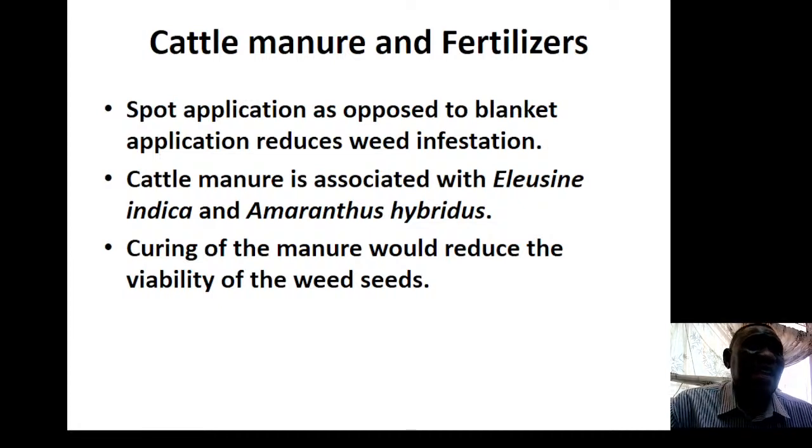Cattle manure and fertilizers, we can do spot application as opposed to blanket application. This may reduce weed infestation. Cattle manure is also associated with Leucas indica and Amaranthus hybridus. Therefore, there is need to do curing of manure so that we can kill the weed seeds which are carried by the manure.